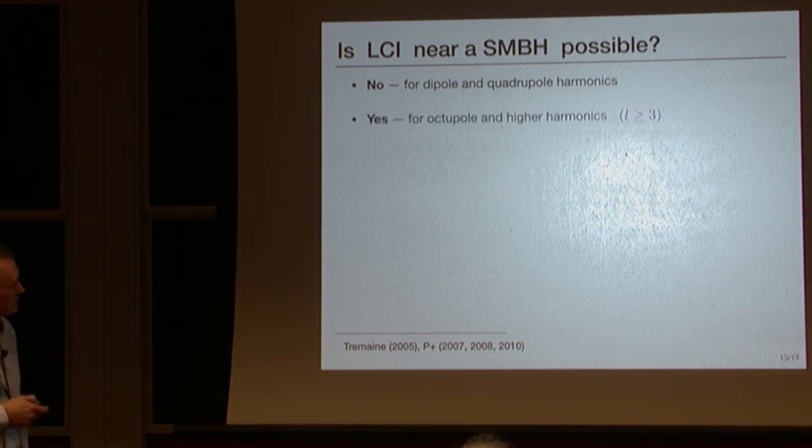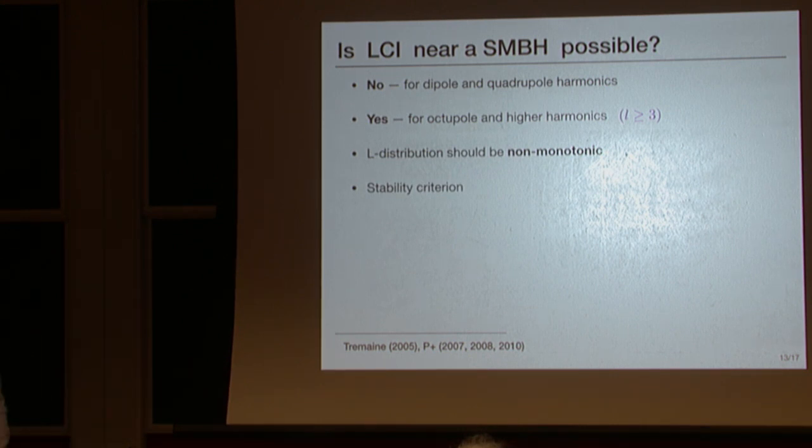We gave an example that octupole and higher harmonics can be unstable, but this requires non-monotonic angular momentum distributions. It is not a sufficient criterion, so we have a stability criterion in this case, but I don't have enough time to go into details.